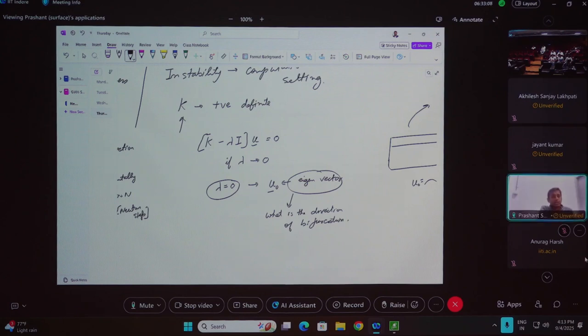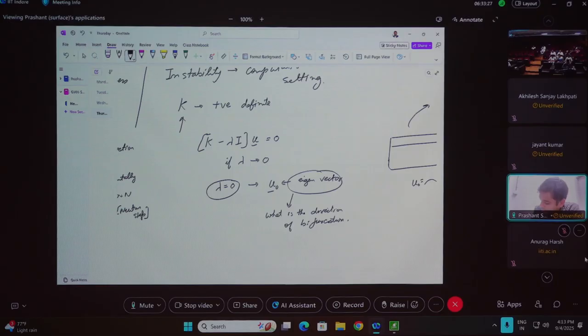This is very nice, because when we were doing this analytically using the concept of small or large, we had to guess what kind of instability we had to look at. But in this computational framework, in the finite element framework, you just look at the eigenvector and it tells you this is the direction of bifurcation.